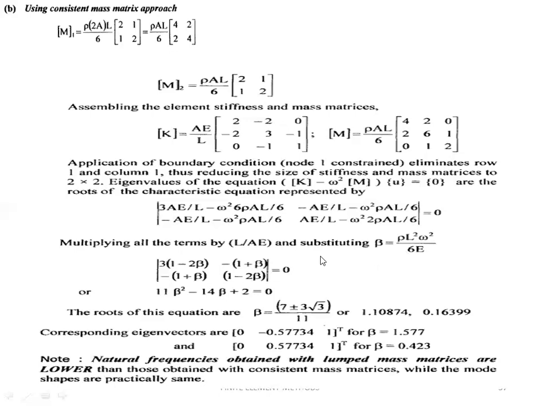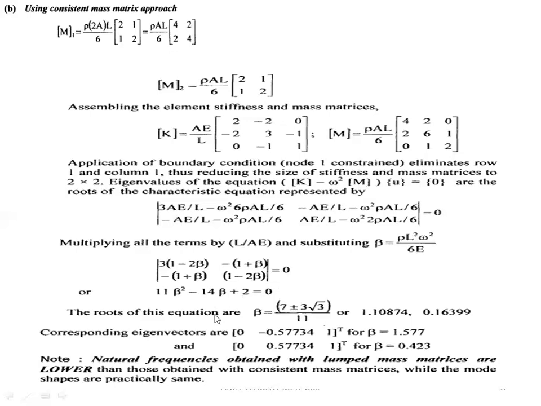If we substitute that, the determinant of the above matrix can be rewritten as 3 into 1 minus 2 beta, minus of 1 plus beta, minus of 1 plus beta, and 1 minus 2 beta, and the determinant is going to be 0. From this 2 by 2 determinant, we can find 11 beta square minus 4 beta plus 2 equal to 0.